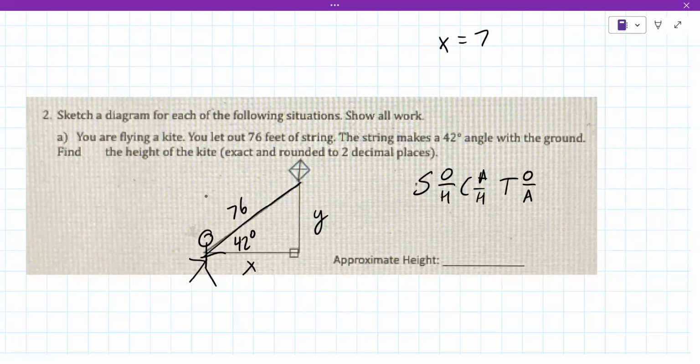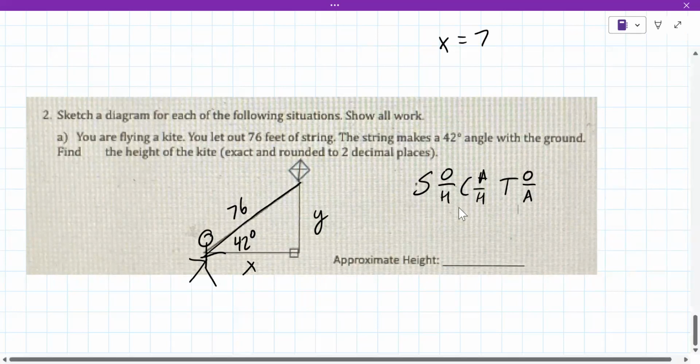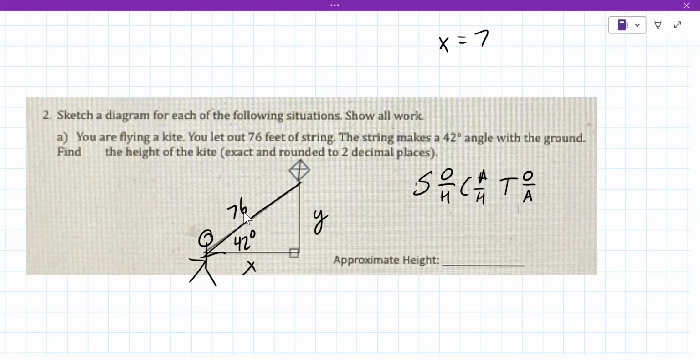First of all, do you remember doing sine, cosine, and tangent? Because that's a big part of doing this. I don't think so. Okay, so the O stands for opposite, H is hypotenuse, and A is the adjacent.